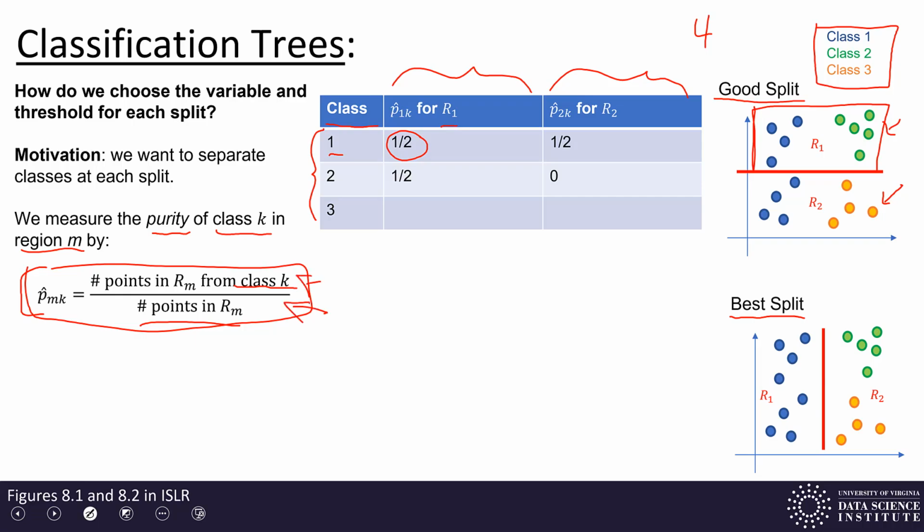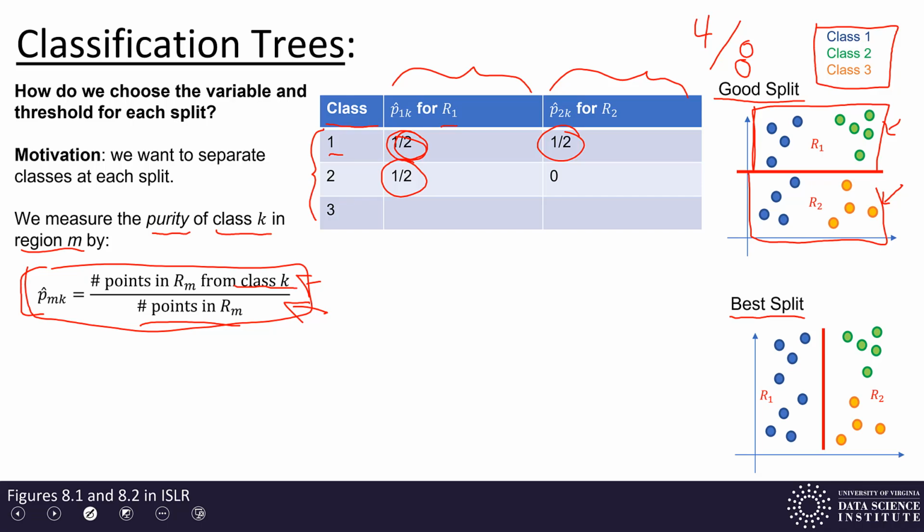Now we look at the bottom of this fraction, the total number of points in region 1, which is 8. So the purity is 4/8 or 1/2. Let's look at region 2. We're looking at class 1, so that's the blue in region 2, and we're going to get the same number, 4/8, which is going to give us 1/2 again.